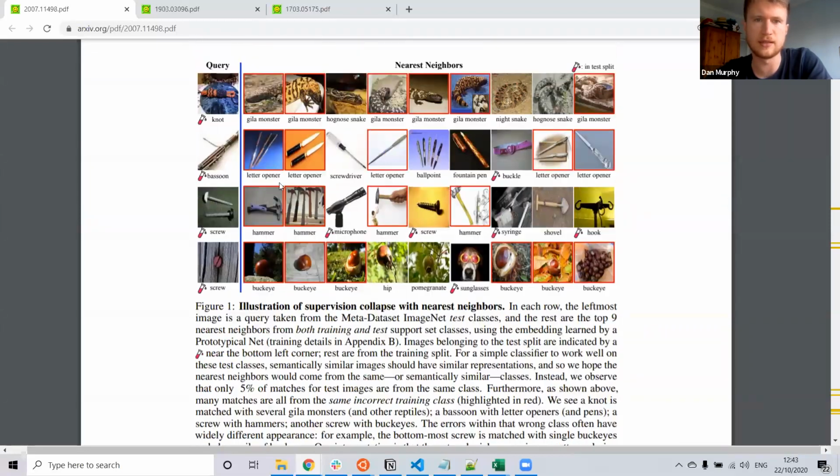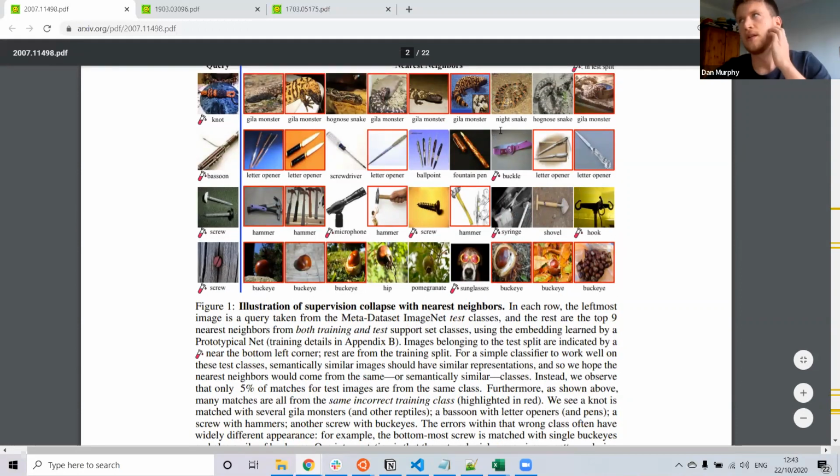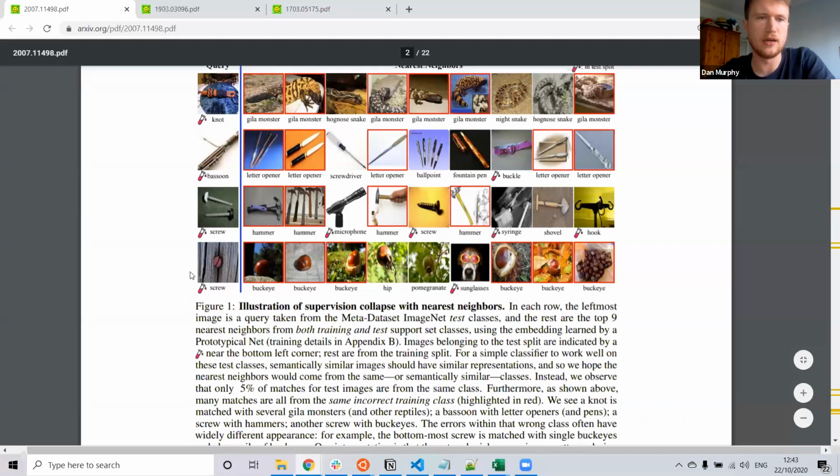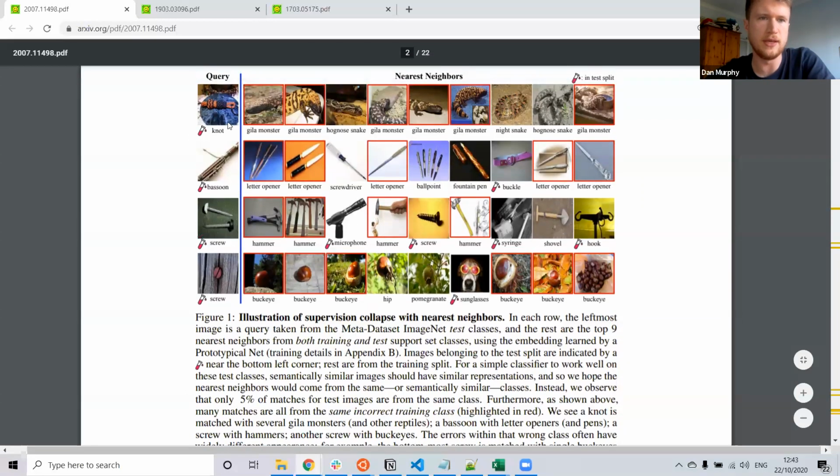And yeah, here's just an illustration of the sort of lack of accuracy or the confusion that's befalling this type of network. So here are some query images from the unseen portion of ImageNet.